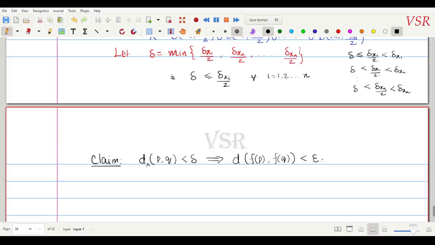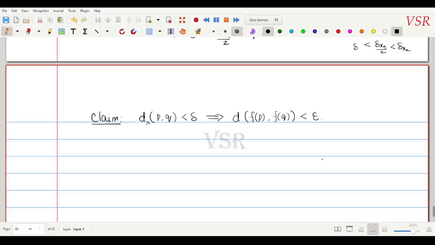Let us prove it. So first, let p comma q belong to capital X be such that the distance between p and q is less than delta. First I will assume that the distance between p comma q is less than delta.